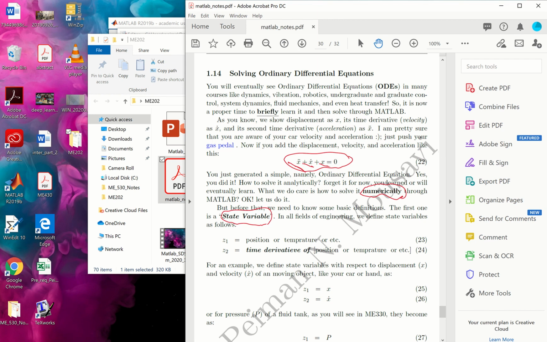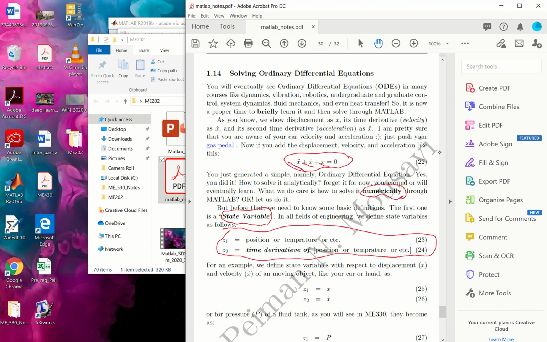This is a standard definition of state variables in engineering. So if you have Z1 as sandwich, Z2 is sandwich dot, time derivative of sandwich. If you have Z1 as pizza, Z2 is pizza dot, time derivative of pizza. Simple as that.